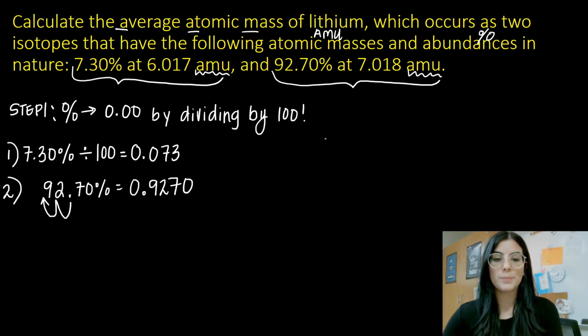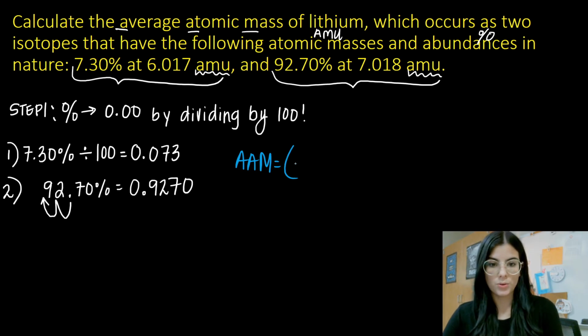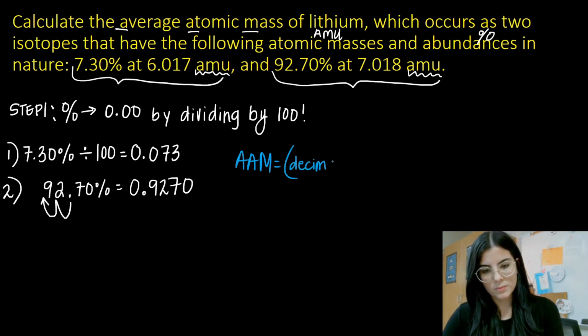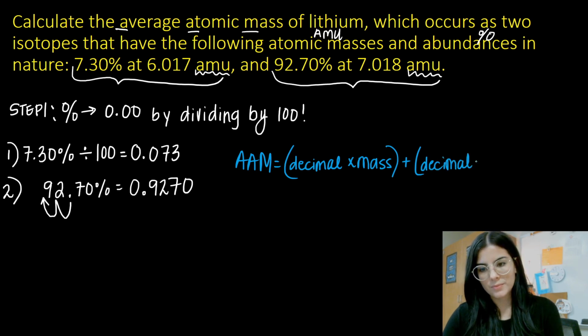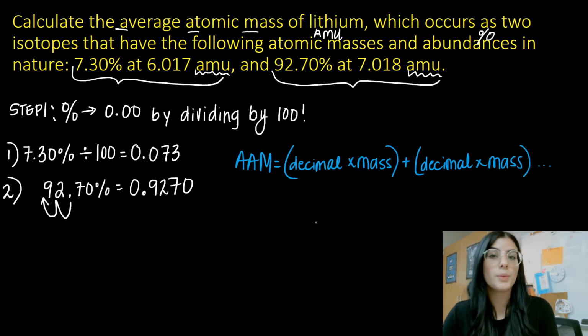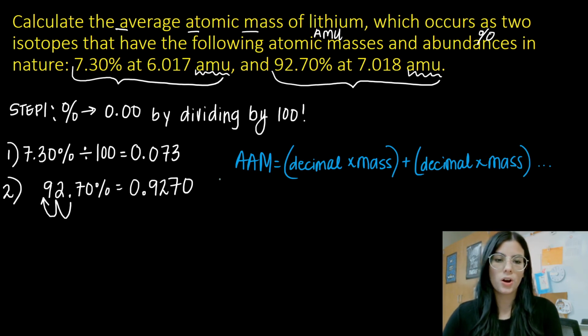Let's move on to step 2, which is the formula. So our formula is average atomic mass is equal to your decimal, so that percentage that you turned into a decimal, times the mass, plus the decimal times the mass, and so on and so forth, depending on how many isotopes you have. So let's plug in our values.